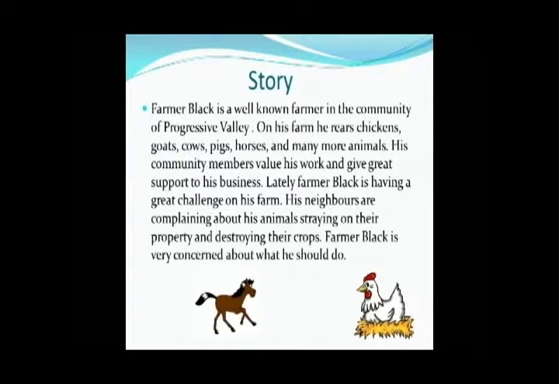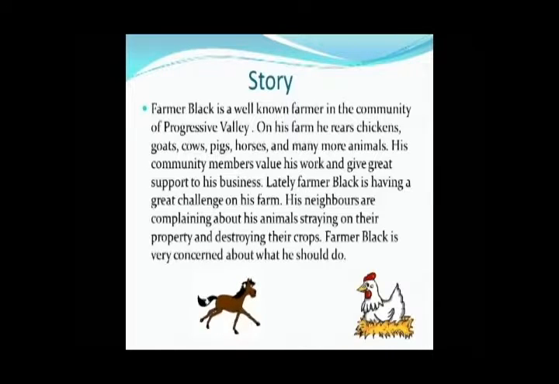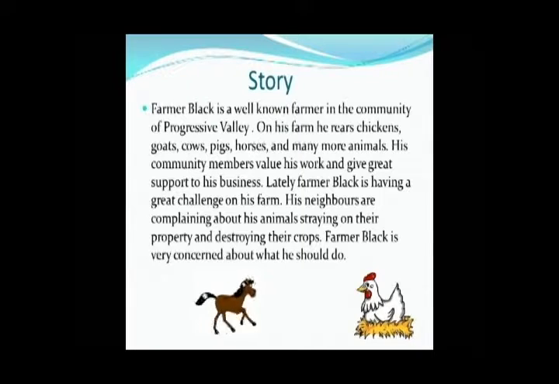Here is our story. Farmer Black is a well-known farmer in the community of Progressive Valley. On his farm, he rears chickens, goats, cows, pigs, horses, and many more animals. His community members value his work and give great support to his business.